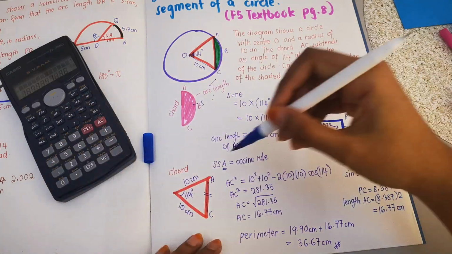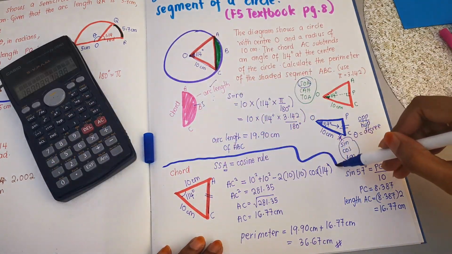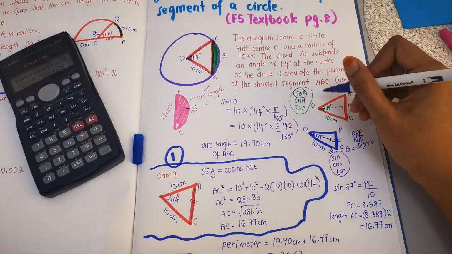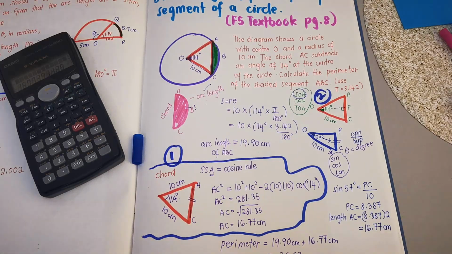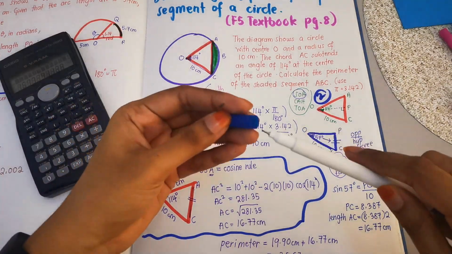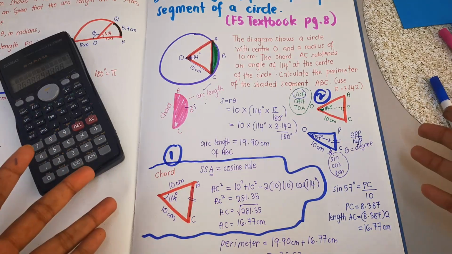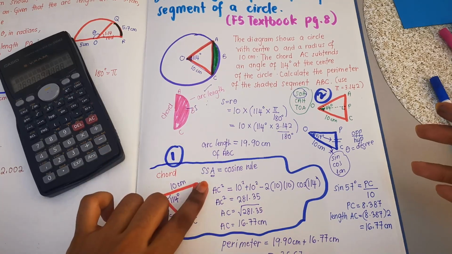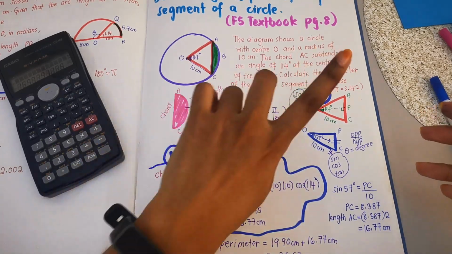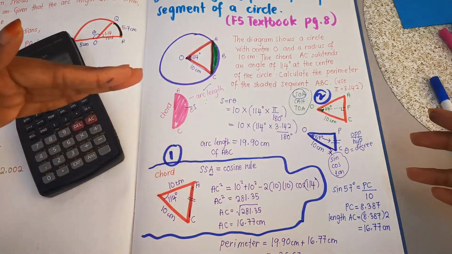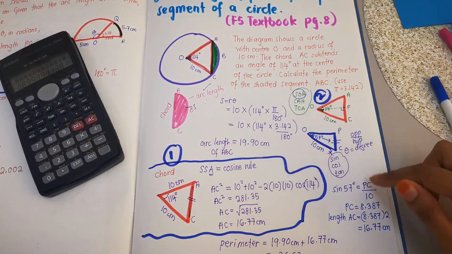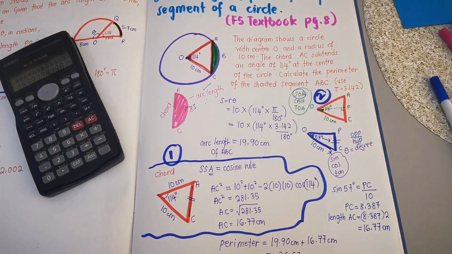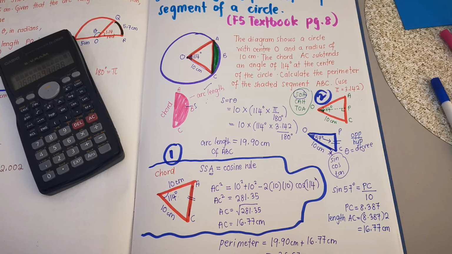Using the cosine rule is definitely easier; this is method 1, and this one is method 2, using the right angle SOH CAH TOA. It's totally up to students. If you remember your cosine rule, you can straight away use it. But if you don't, divide your triangle into a right angle triangle, find the length, and then add both lengths. I hope this helps.